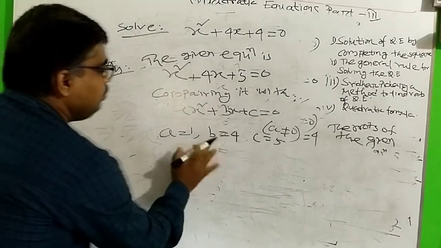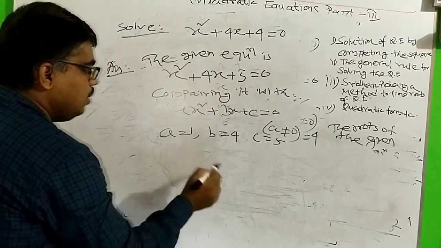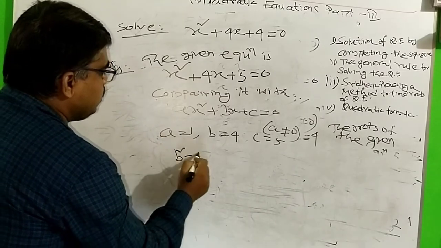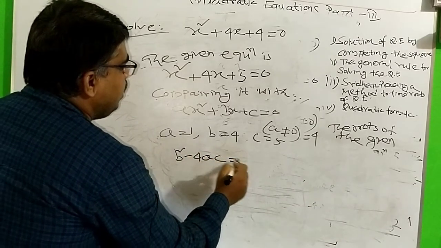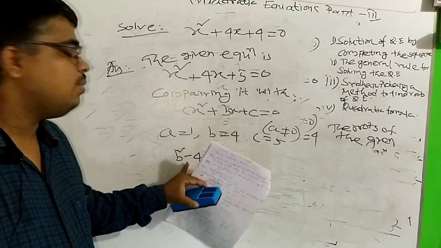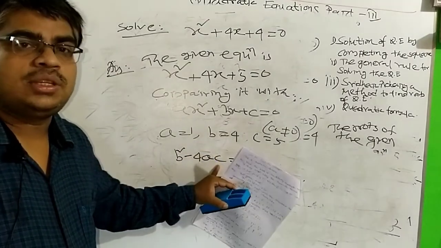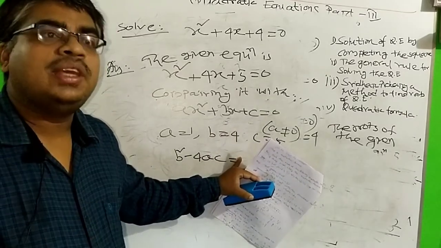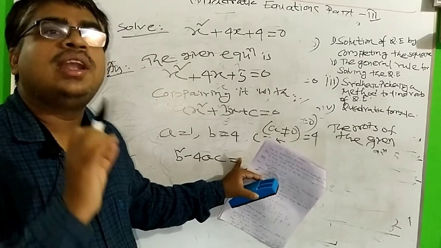Now we calculate b square minus 4ac. When we want to use the quadratic formula, you should calculate the b square minus 4ac term. If the b square minus 4ac term is negative, then the given equation will not have any real roots.